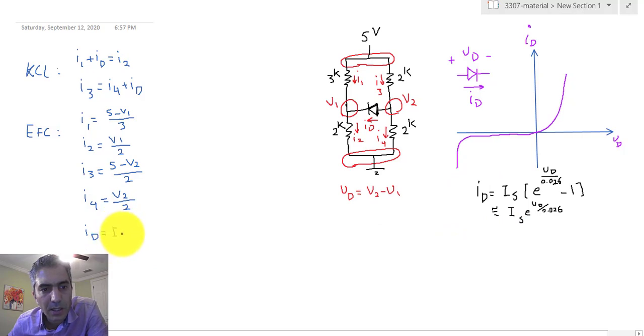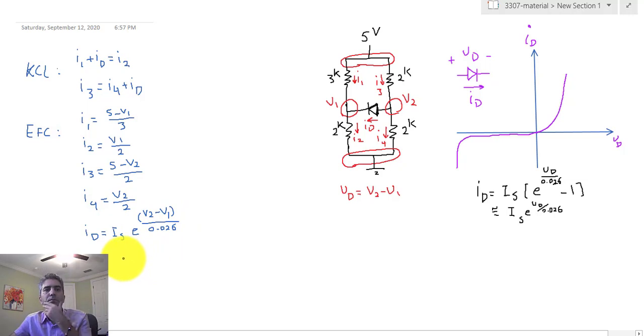And then IS E to, now VD is basically like what we said, V2 minus V1. So that would be V2 minus V1 divided by 0.026. At this point, we're done writing all the equations, and we have, as you can see, 7 equations.